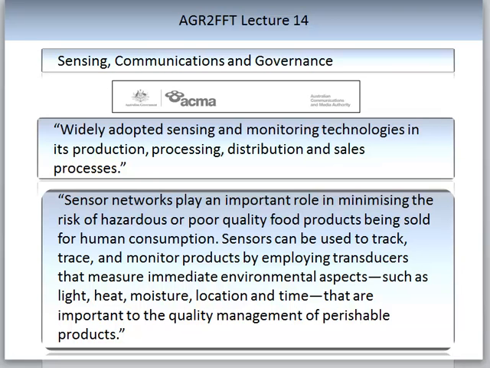Sensor networks play an important role in minimizing the risk of hazardous or poor quality food products being sold for human consumption. Sensors can be used to track, trace and monitor products by employing transducers that measure intermediate environmental aspects such as light, heat, moisture, location and time.